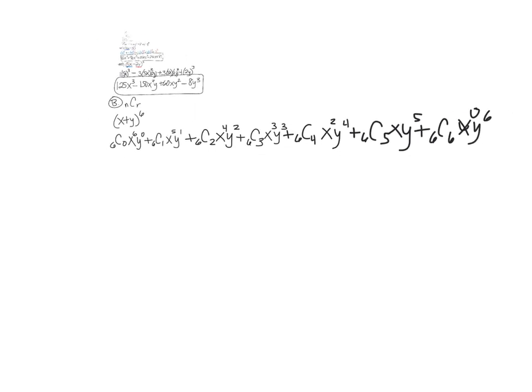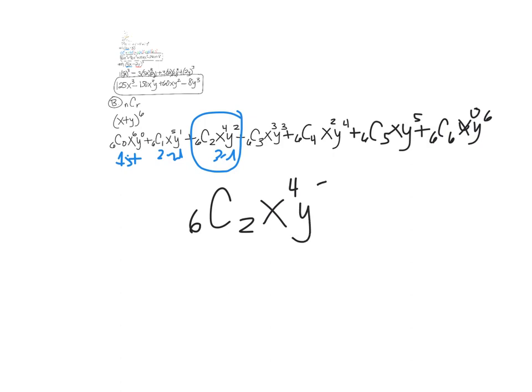Okay, so let's talk about this really quick. How many terms are there? 7, right? There's 7 terms. This right here is the first term. This is the second term. This is the third term. Let's take a look at what the third term says. The third term of this is 6c2 x to the 4th y squared.